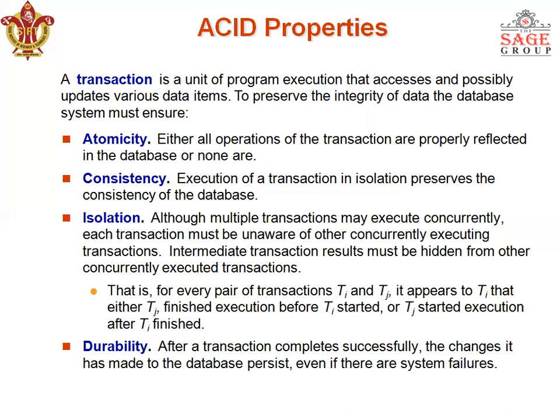Basically, consistency states that only valid data will be written in the database, only valid data. If because of some reason a transaction is executed that violates a database consistency rule, the entire transaction will be rolled back and the database will be restored to a state consistent with those rules.